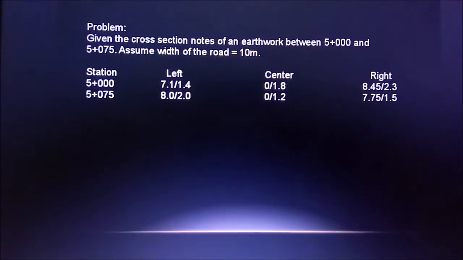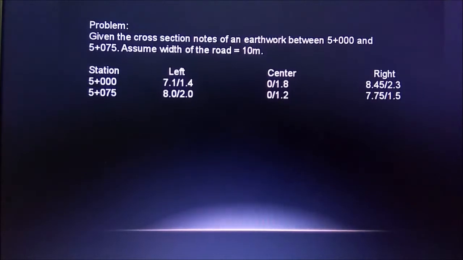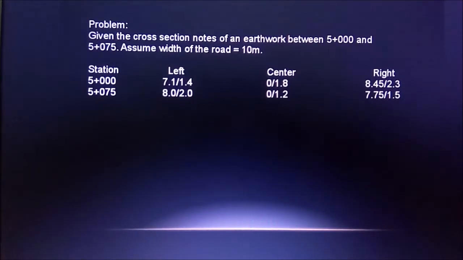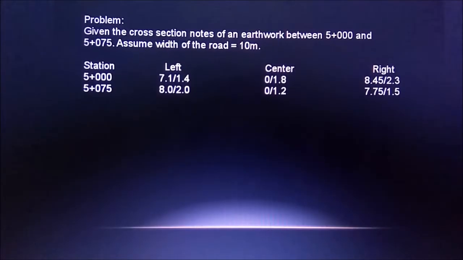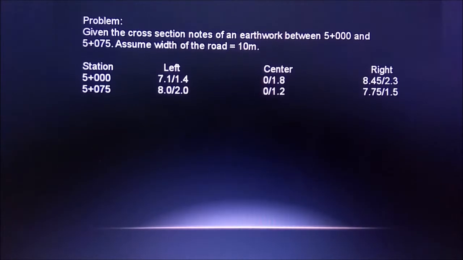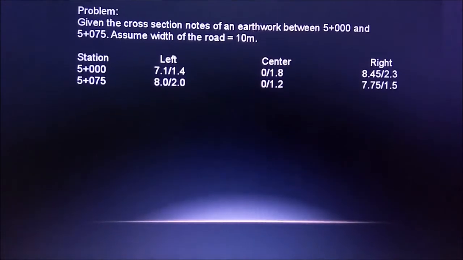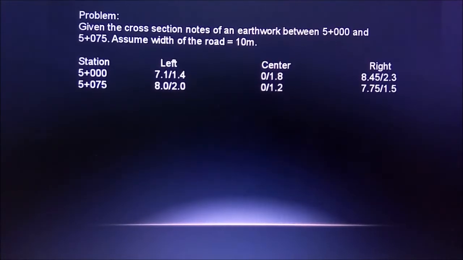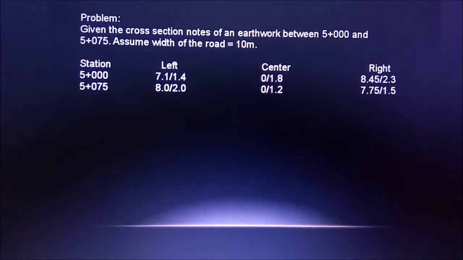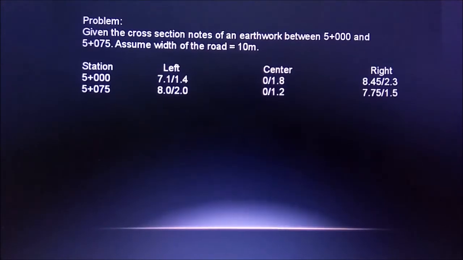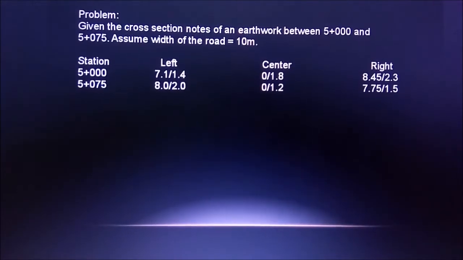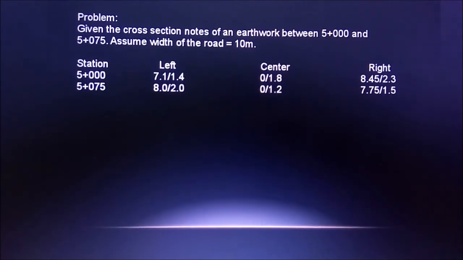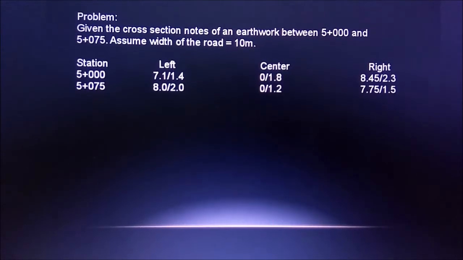Sample problems. Given the cross-section notes of an earthwork between 5 plus 000 and 5 plus 075, assume width of the road is equal to 10 meters. Station 5 plus 000: left 7.1 over 1.4, at the center 0 over 1.8, at the right 8.45 over 2.3.